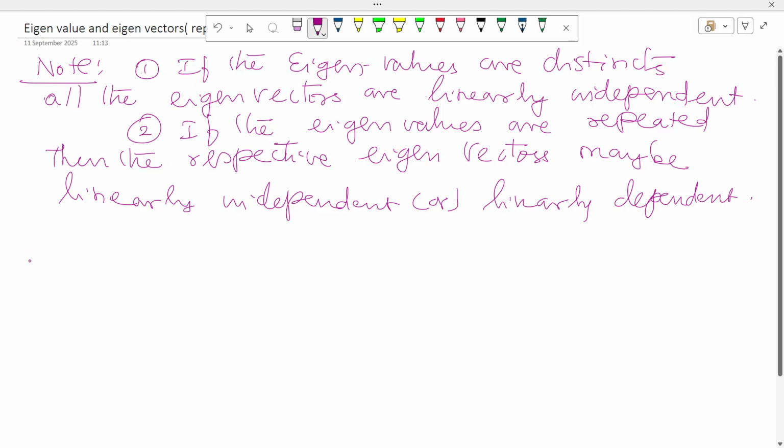But you have to be careful when it is a symmetric matrix. This is for the general matrix.